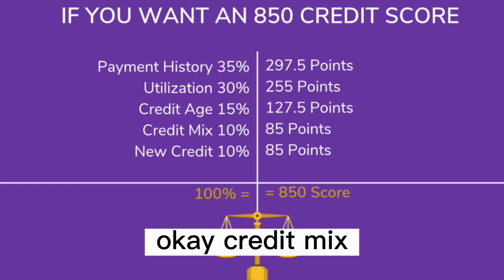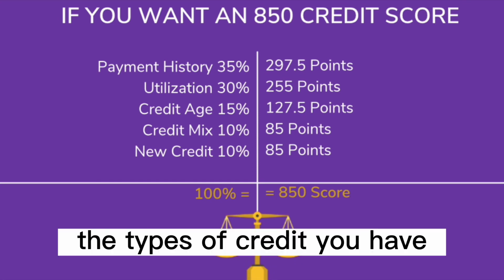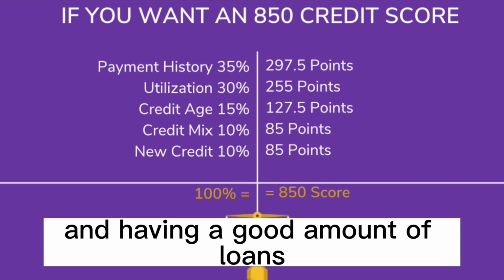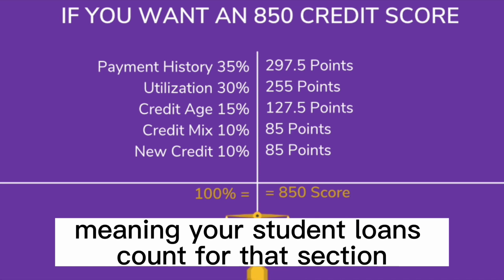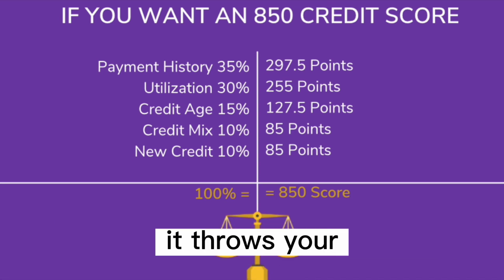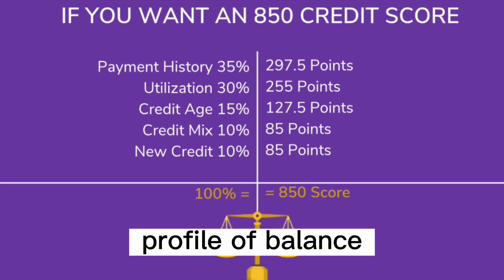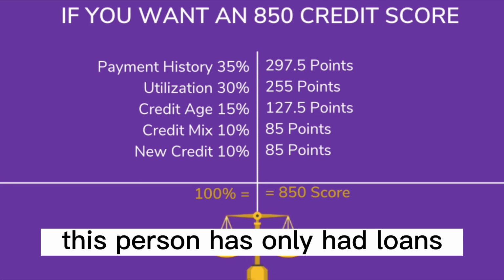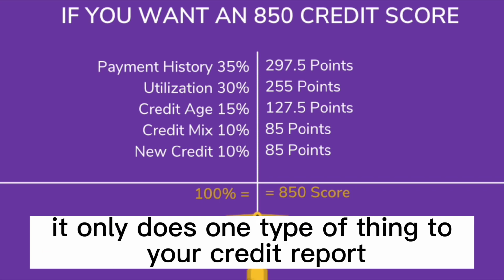Okay? Credit mix is going to be the types of credit you have, meaning a good balance of credit cards and having a good amount of loans, meaning your student loans count for that section. But if you have 0 credit cards, it throws your profile off balance, and they automatically see you as, oh, okay, this person has only had loans. It only does one type of thing to your credit report.